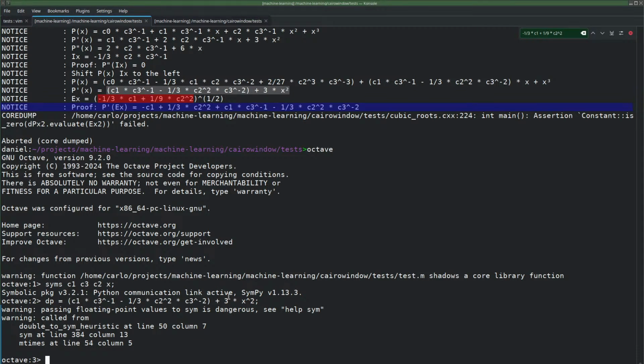I really have no idea what it's talking about floating points. These are integers, moron. What is dangerous about integers? Complete nonsense. Anyway, it still works. So we have now the derivative of my polynomial here.